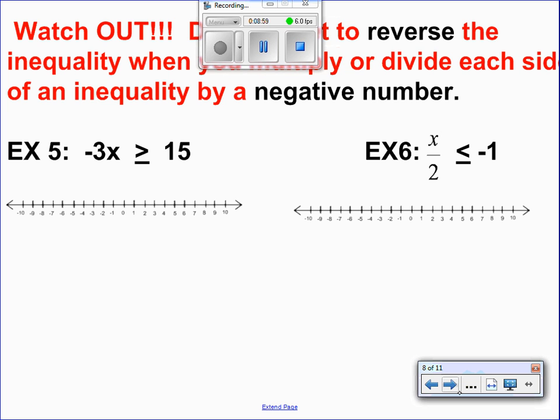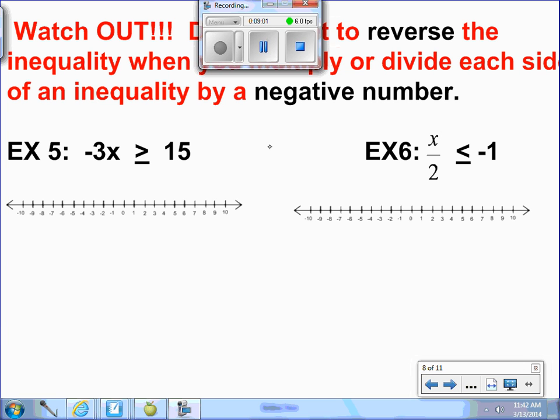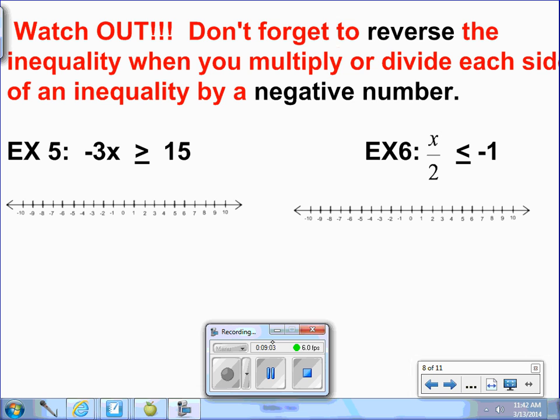Look at what Miss Springer's got up here in red. Watch out. Don't forget to reverse the inequality when you multiply or divide each side of an inequality by a negative number. Now, recall on the previous slides, I had you circle the word positive when multiplying or dividing 2 times.